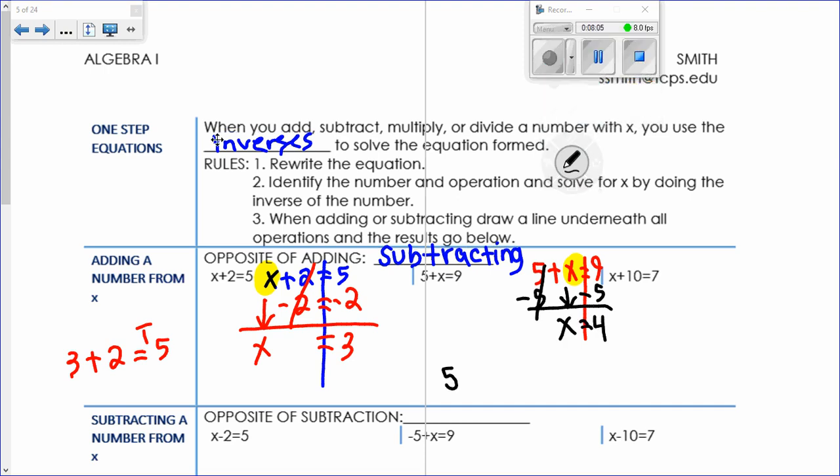Check my answer. 5 plus 4 does equal 9, so it's true. For the last one, I'm going to subtract 10 on both sides. X equals -3. -3 plus 10 does equal 7. This is true. Okay?